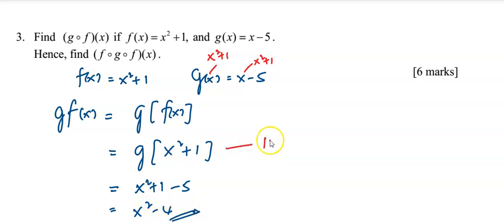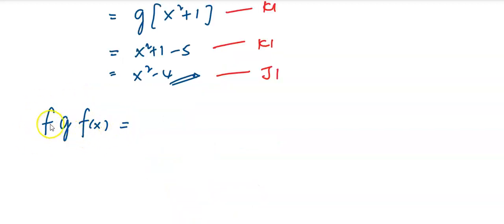The marks will go like this: M1 for this step, and the second step, you replace the x squared plus 1 into the g. Alright, then you get this, you get another mark. Then the final answer, x squared minus 4, you got 1 mark. For the next part, you need to get f of g of f of x.